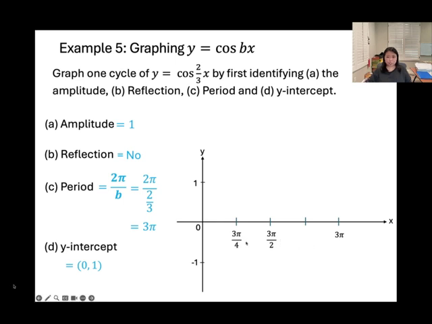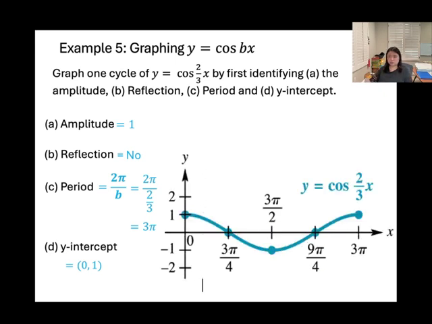And then times 3 here, that will be 9 pi over 4. Okay, y-intercept starting from 0 and 1. And then we're going to be going down here. Okay, join the lines together.